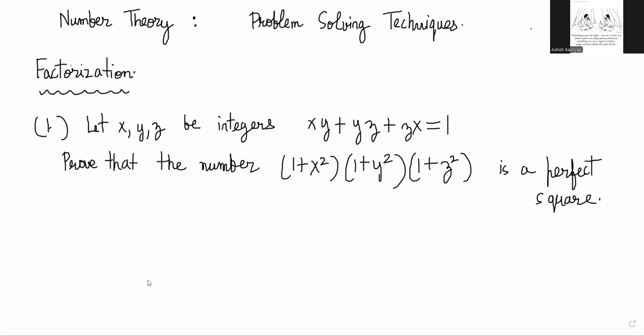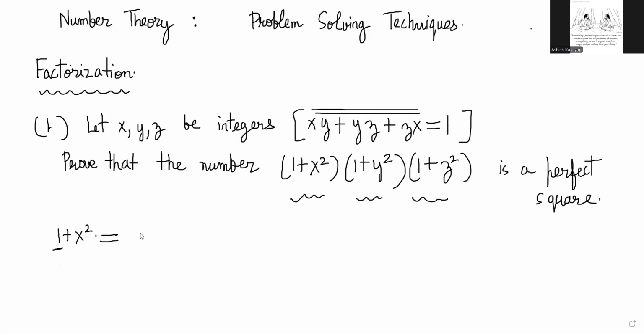Okay, so let's think about this particular problem. We have this condition, we have to use that somehow. We also have to prove that this product is a perfect square. In order to think about this, we can start by thinking of each of these terms. In 1 plus x square, you can always substitute xy plus yz plus zx for 1.